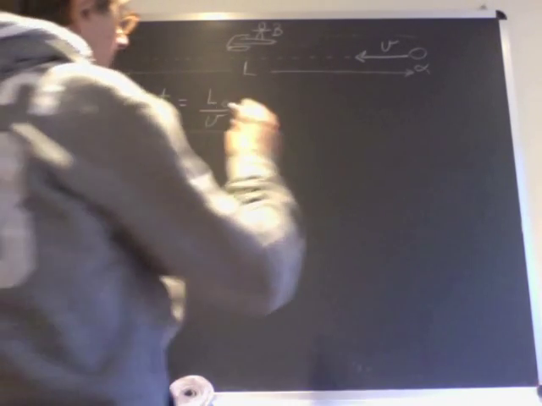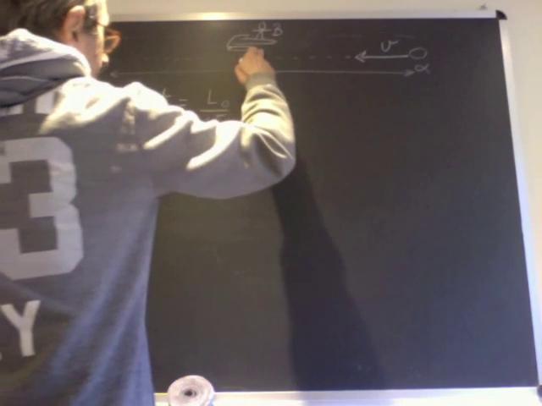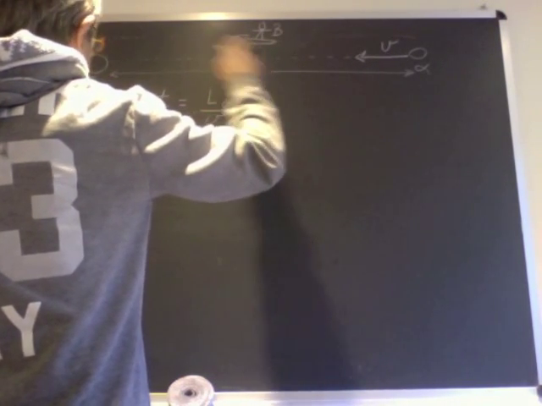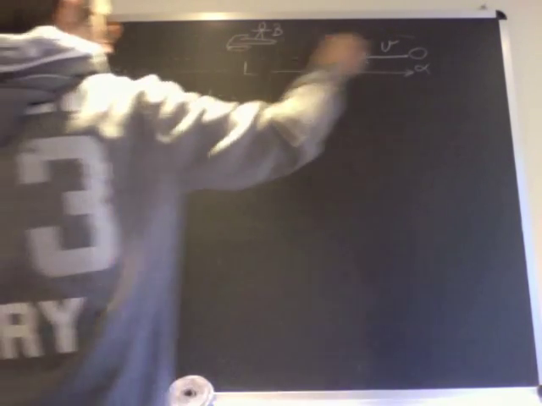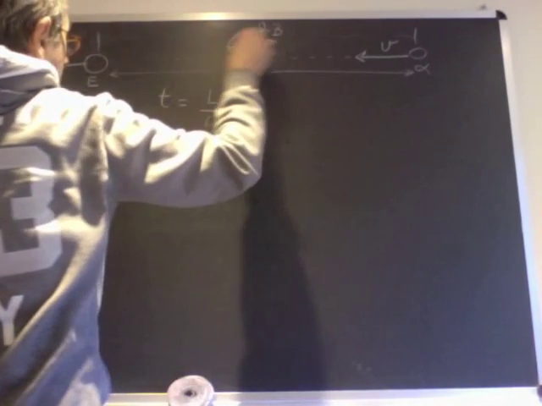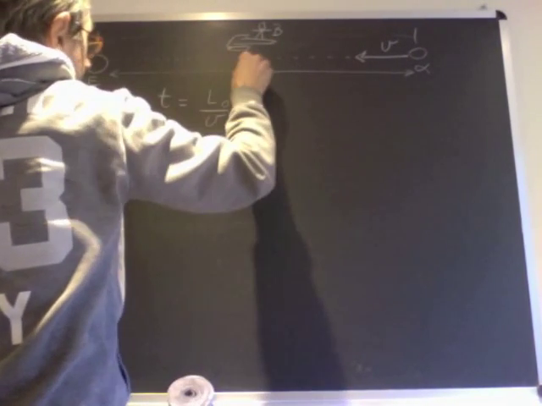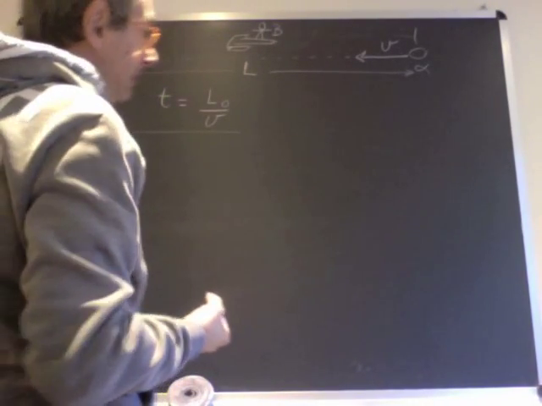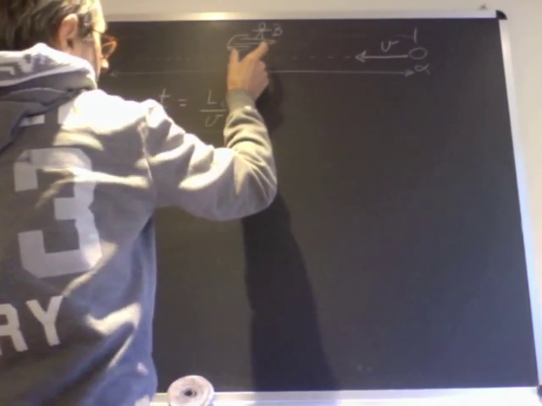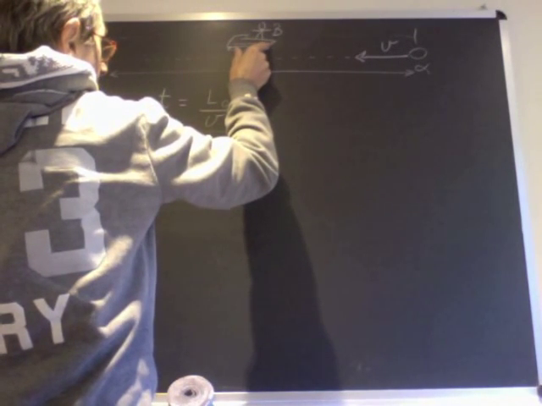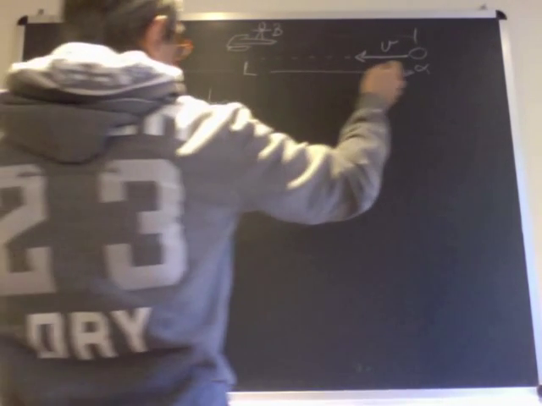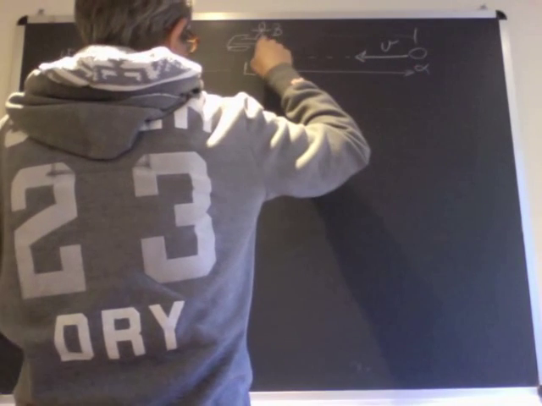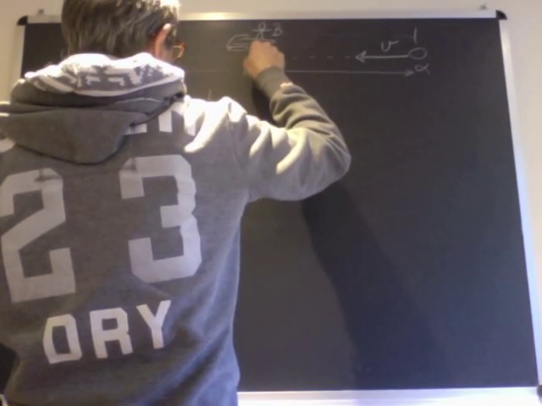This distance L is not a proper distance because it is a distance that is not at rest relative to the observer B.